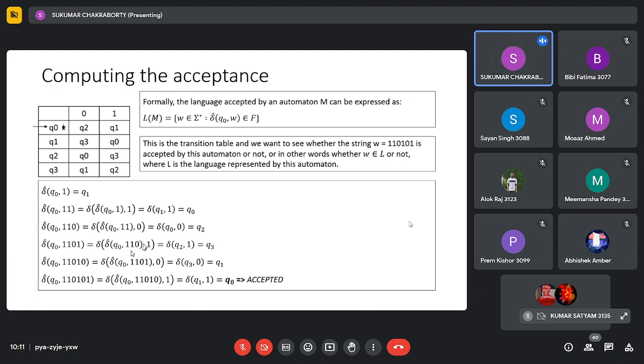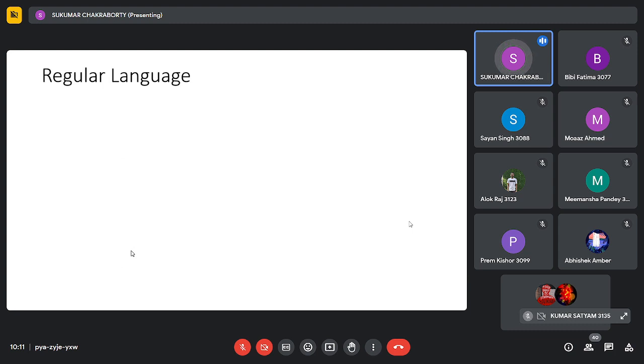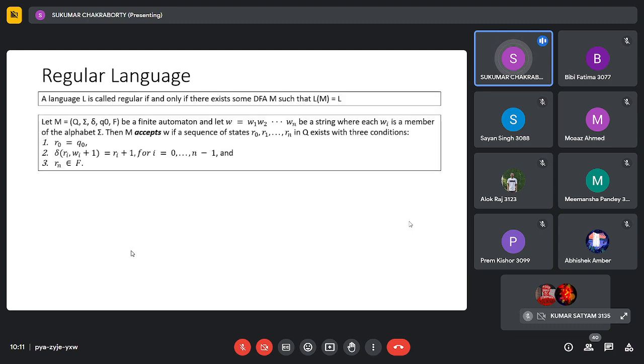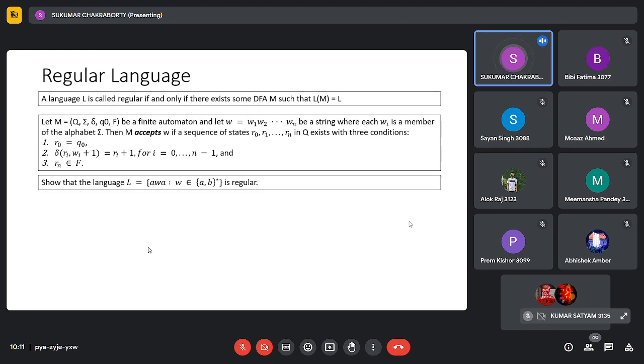So this is a regular language. As I told you earlier, a regular language means it's a language which is accepted by a machine, so that you can design a machine which accepts that particular language, right?